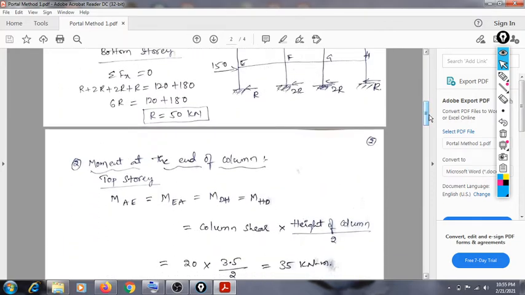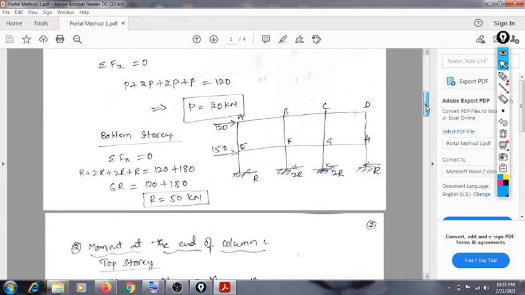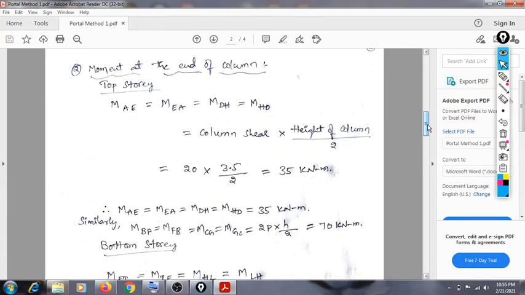So from the assumption, the moment is calculated by column shear into height of column by 2. So what is column shear? That is the value P, that is 20 kilonewton. 20 into 3.5, the height of the column, divided by 2. This is the height of the column, and 20 is the force that we found for the P value. So we get 35 kilonewton meter.